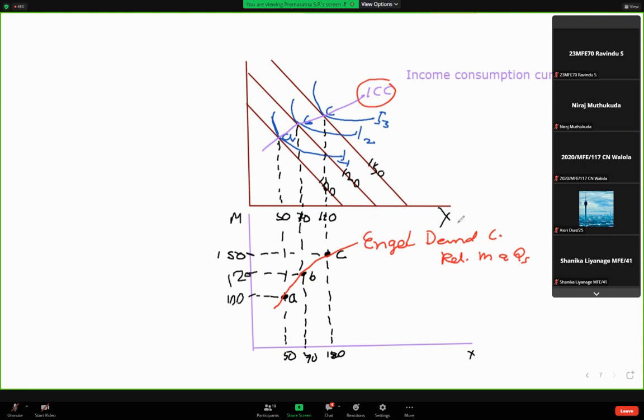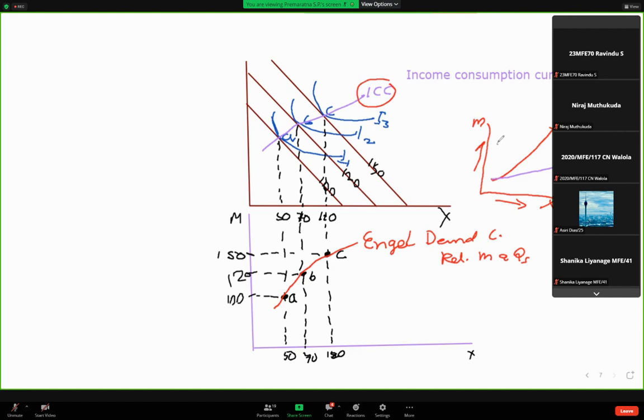Now, as we learned previously, if the Engel demand curve looks like this, when money income increases, demand also increases, and that type of good we consider normal. If the elasticity is greater than 1, it is a luxury good. And if the Engel demand curve still has a positive slope but plateaus, then we consider it a normal good.